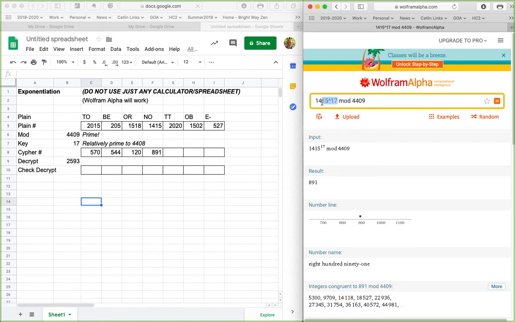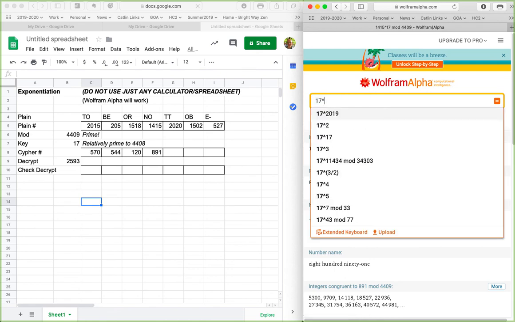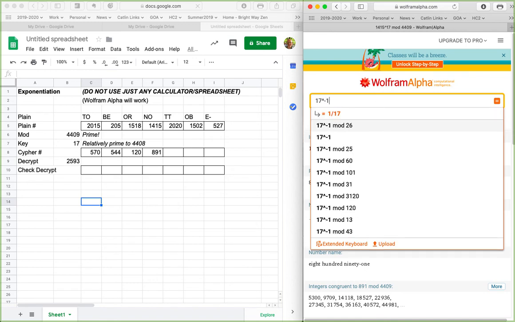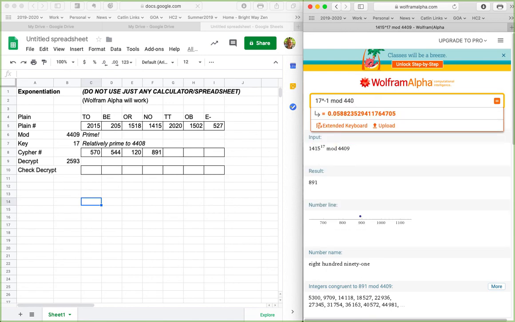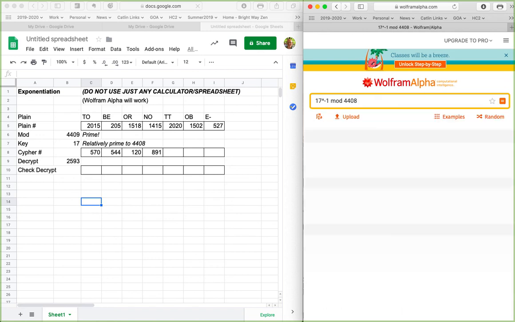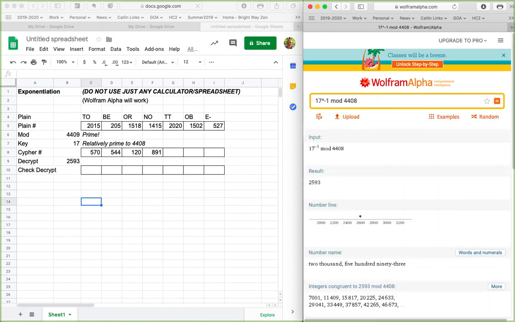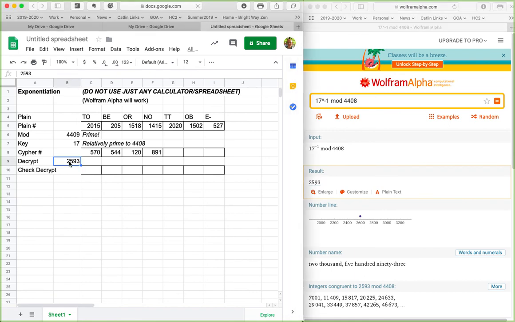So what I can do instead is say 17 to the negative 1. Now notice the first thing it says is, hey, that's 1/17th, but that's because it's not living in the mod world yet. So we're going to do mod 4408. And we get 2593. Okay, so again, it knows we're in the mod world, so it gives us this number back again. So that's our decrypt number.